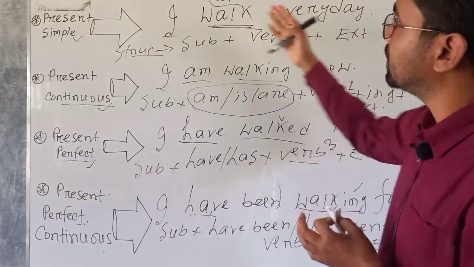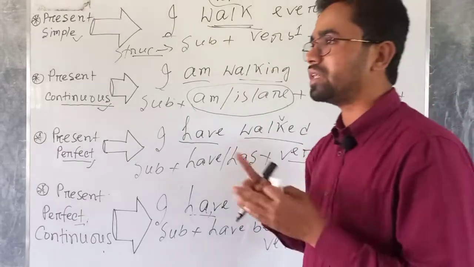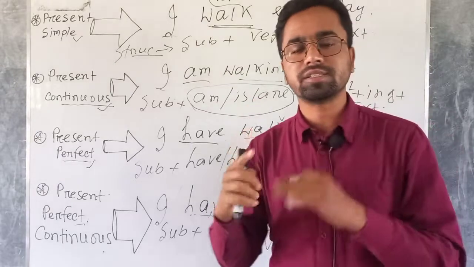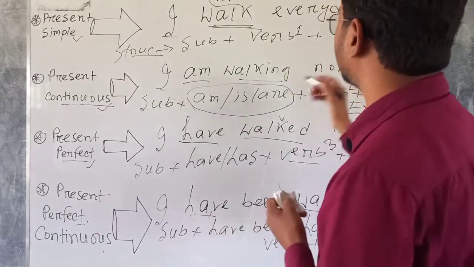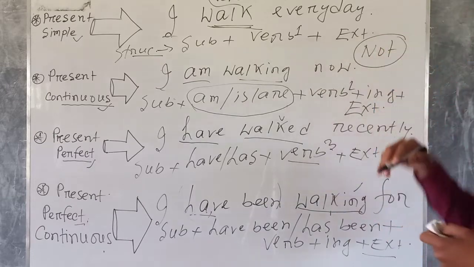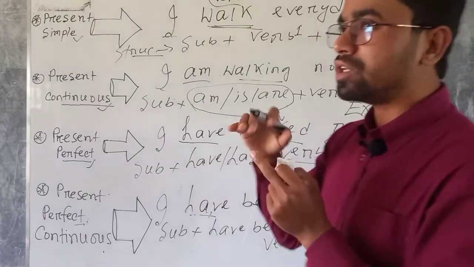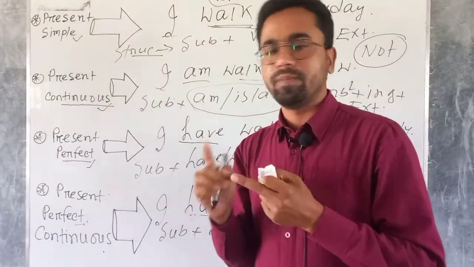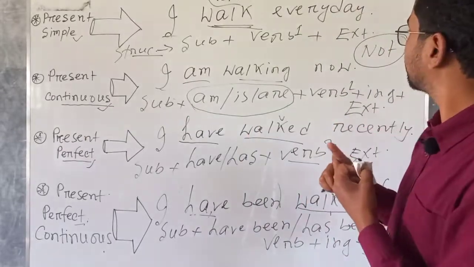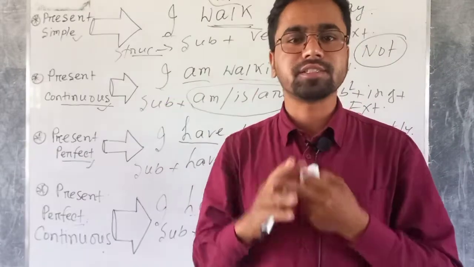In this sentence, there is no auxiliary verb, but one thing you must remember, that is, if you want to make a sentence negative, you need to use not. But if you want to make the sentence negative, you need to put an auxiliary verb regarding the tense before not.